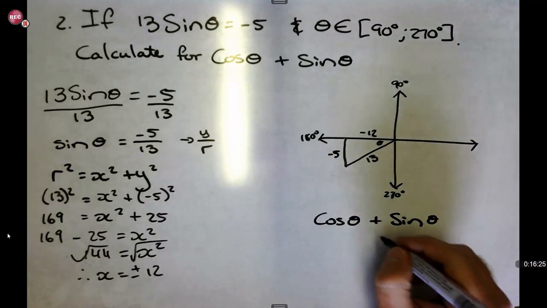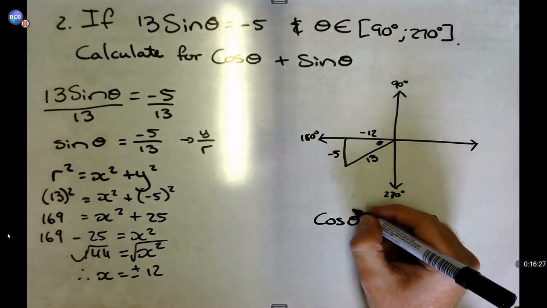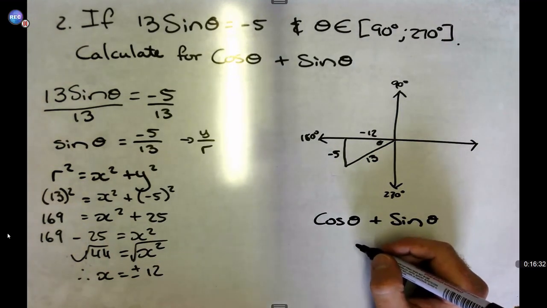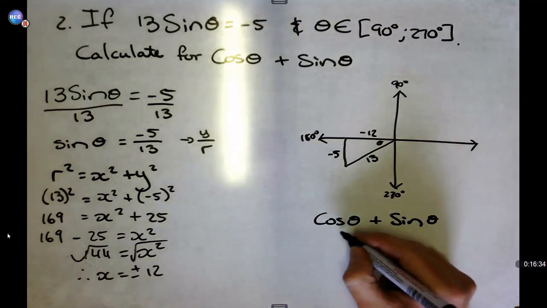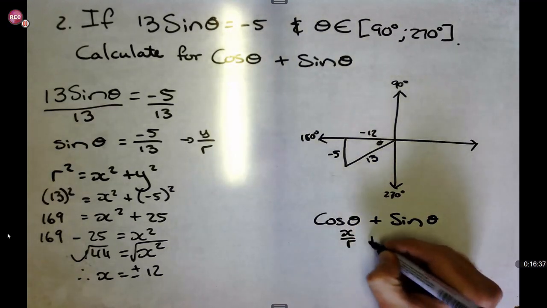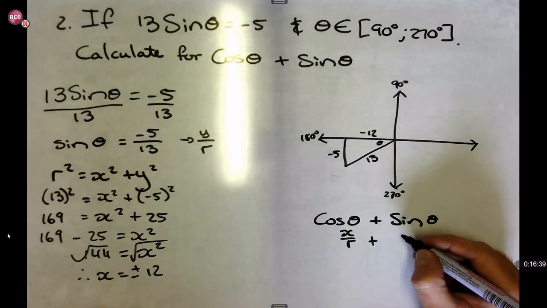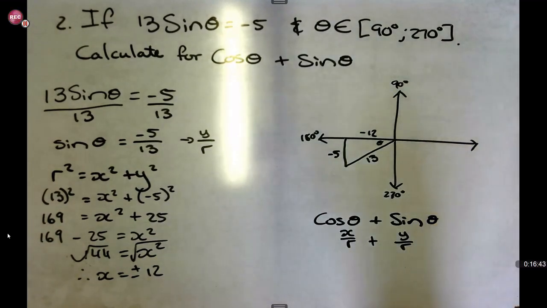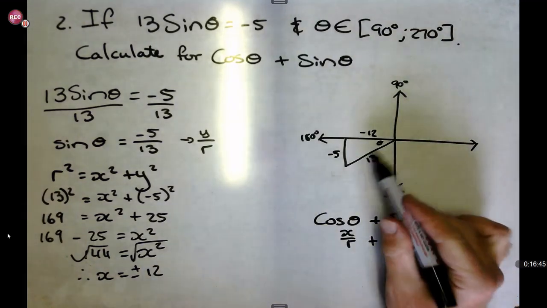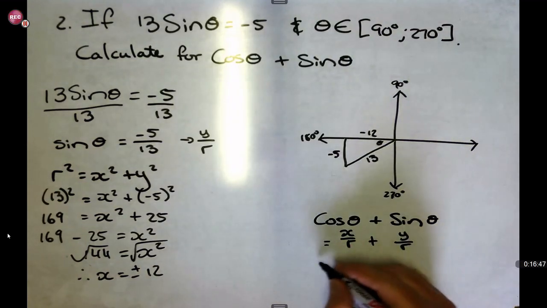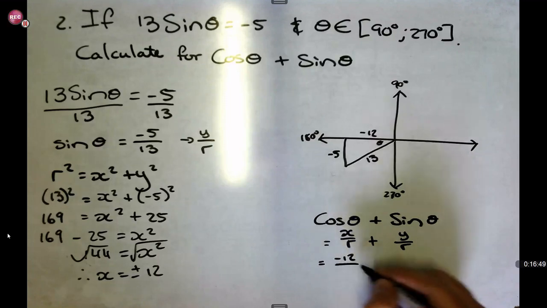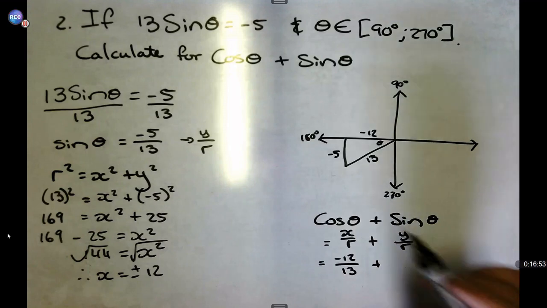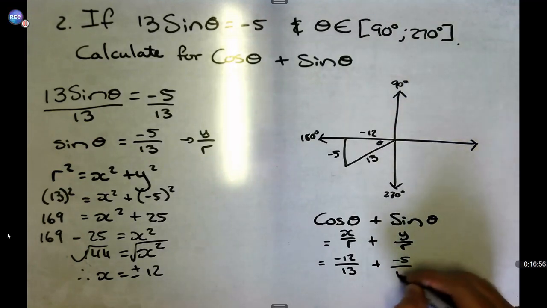So my ratio for cos is obviously x over r, plus the ratio for sine is y over r. So my x value in this case is negative 12 over 13, plus my y value is negative 5 over 13.